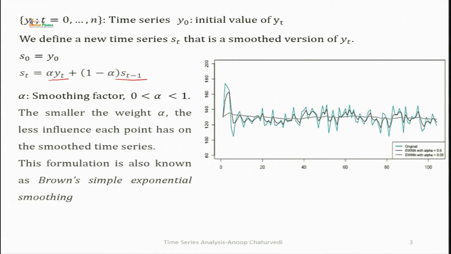Here I have plotted a time series. This one is the original time series, then first we have taken the exponentially weighted moving average with alpha equal to 0.5.